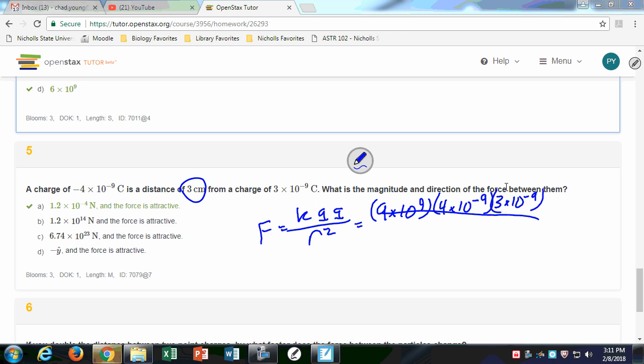In fact, on your equation sheet, there are absolute value bars around those Q values. Because this is a vector quantity, your negative is wrapped up when you draw the vector. And then this is divided by 0.03 meters squared. Yeah, I probably didn't convert it, and I tried the negative one.